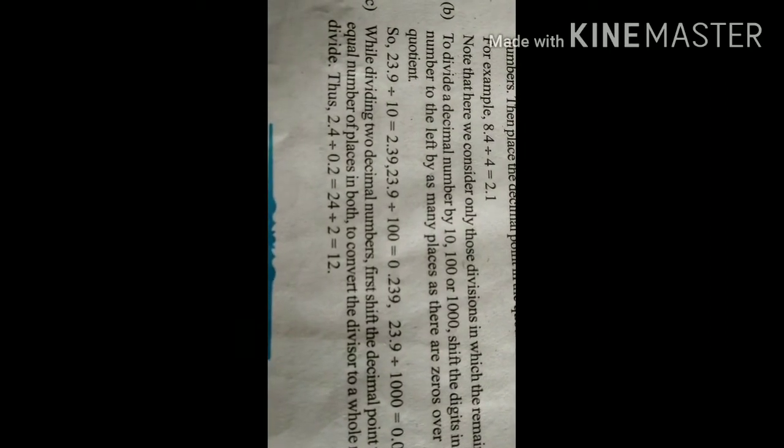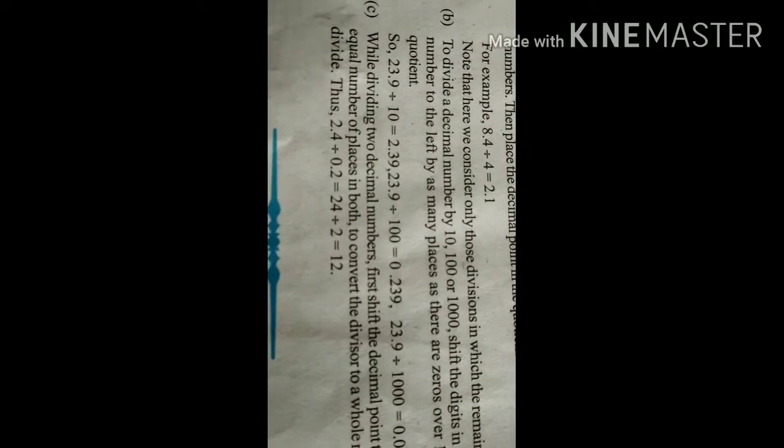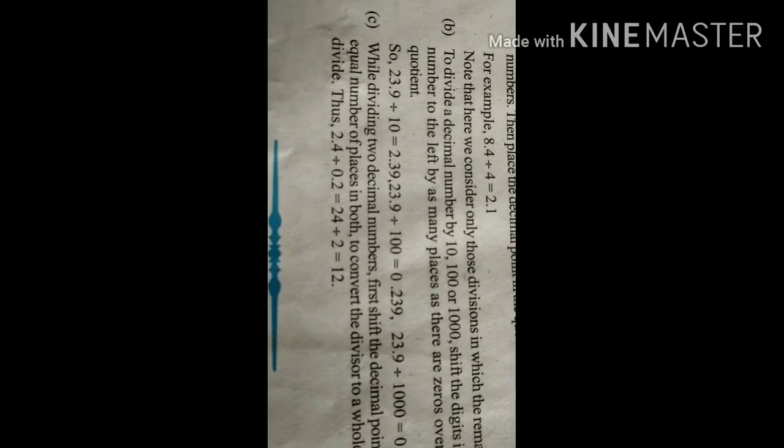Understanding? For example, here we have 23.9. This we are dividing by 10. That means how many zeros are there in 10? 1 zero is there.